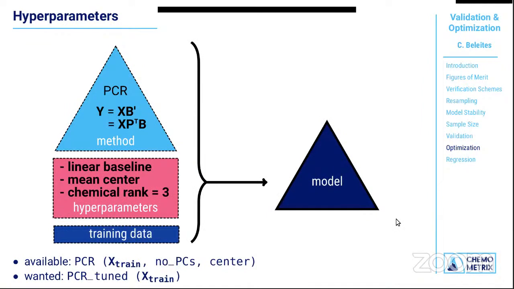But with that, let's stop the validation part and have a look into optimization. Martino already explained that hyperparameters are parameters that steer the behavior of our training algorithm. So for example, if we consider something like a principal component regression, that's a regression model that is done in the score space of a principal component.